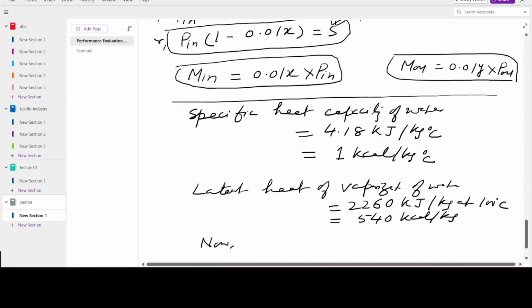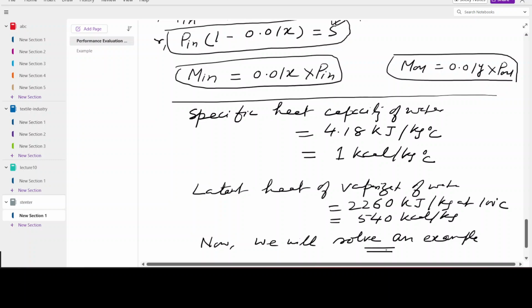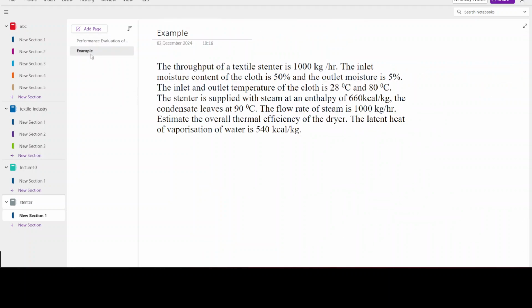Now we will solve an example so that we can appreciate what we have learned so far. This is the example. The question says the throughput of a textile stenter is 1000 kg per hour.